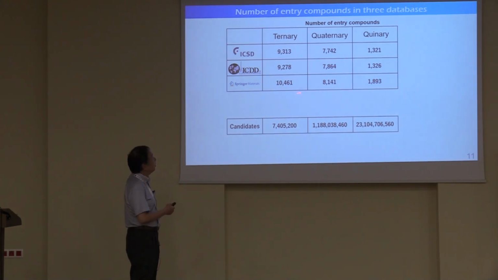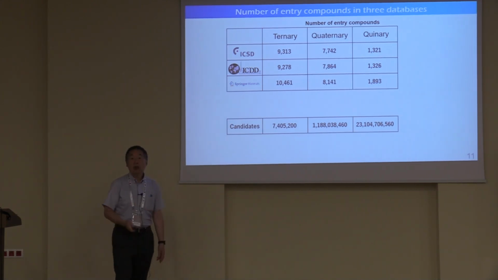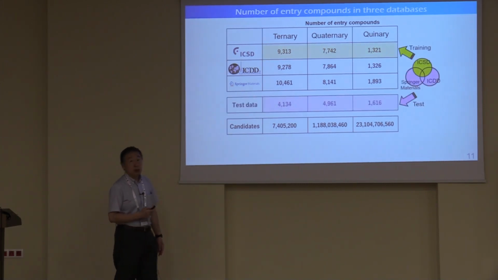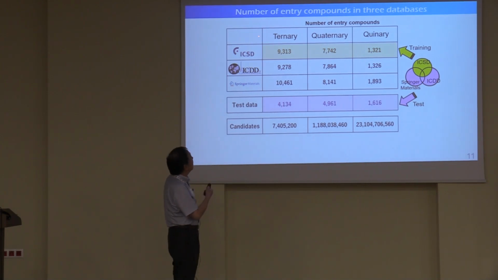We need to use them. You can see that there are many orders of difference, but to search this space, we use this data. And also, there is a huge overlap between different databases.